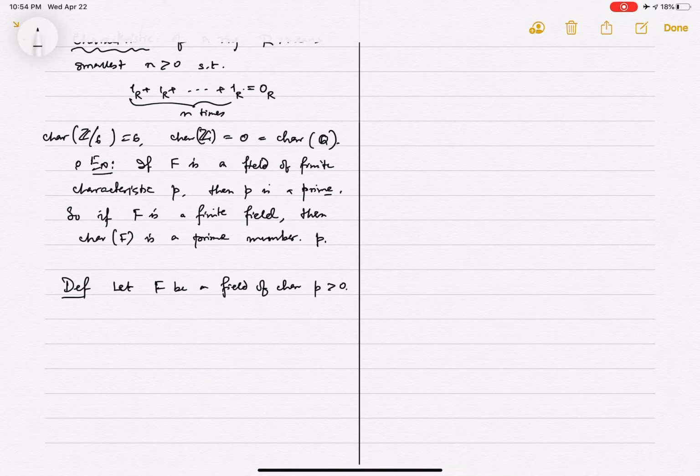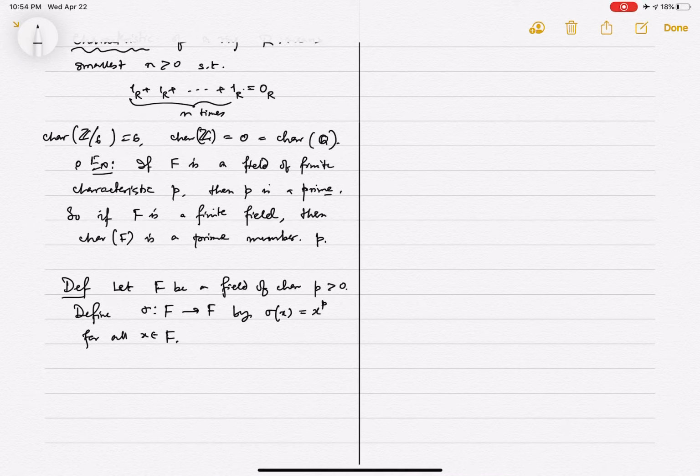Define sigma, that's the standard name for this, by sigma of x is x to the p. It's just the pth power map. Takes an element, raises it to the pth power.